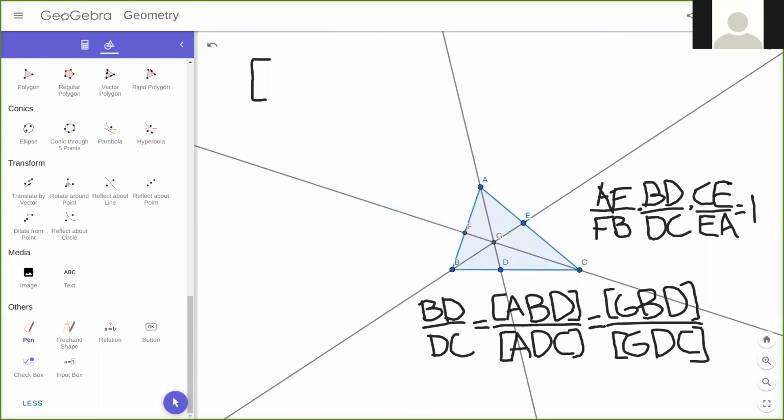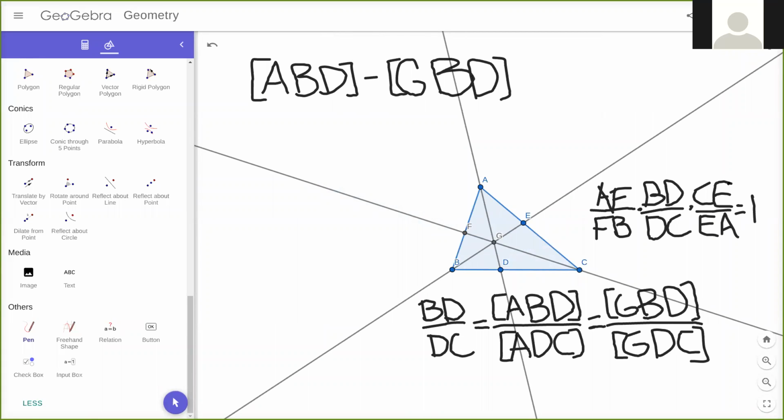What triangle is that the area of? AGB? Yes. This is the area of triangle AGB.